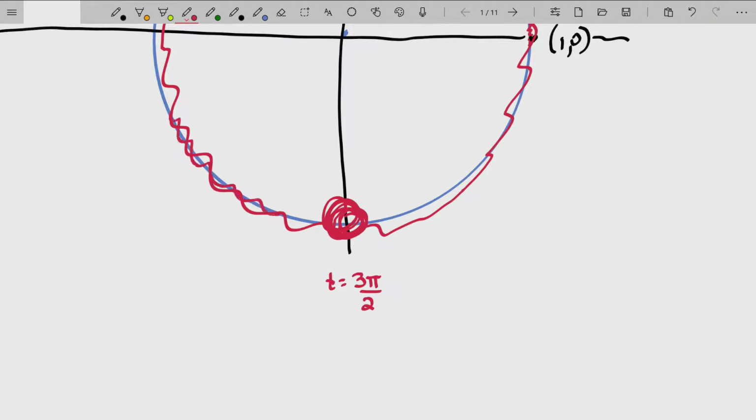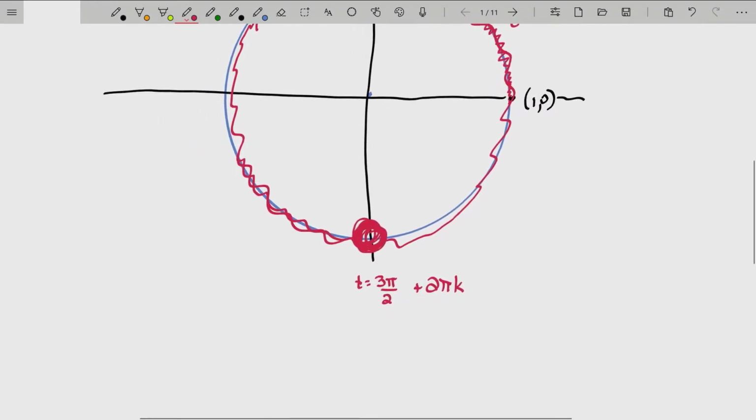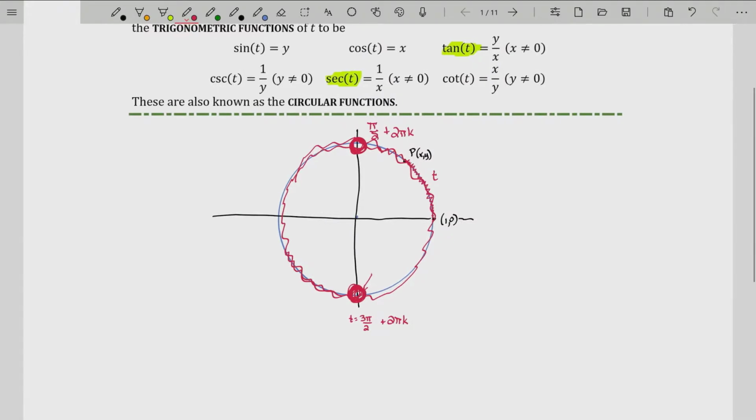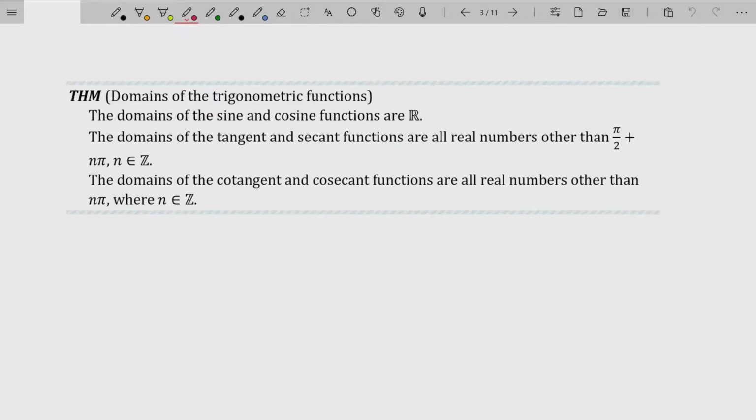You could have arrived at 3 pi over 2 and then added 2 pi to arrive at that point again. And in fact, you could do any multiple of 2 pi. So as long as you get to 3 pi over 2 and add any multiple of 2 pi from that point forward, you are going to land on that point right there where the x value is 0. And so therefore, tangent and secant are both undefined at pi over 2 plus 2 pi k.